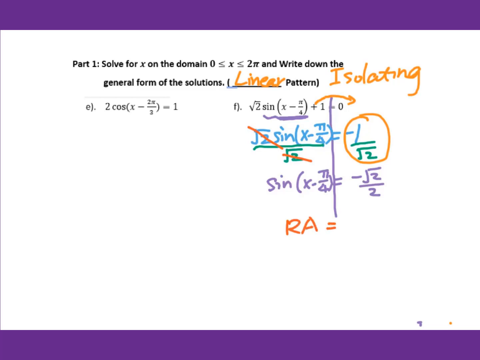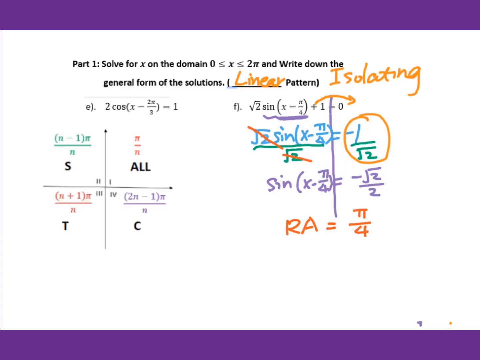That's pi over 4. Therefore, let's go to this diagram. For sine negative, this is less than 0. Sine negative, let's go to the third and fourth quadrant. Since the reference angle is pi over 4, you got 5 pi over 4 and 7 pi over 4.